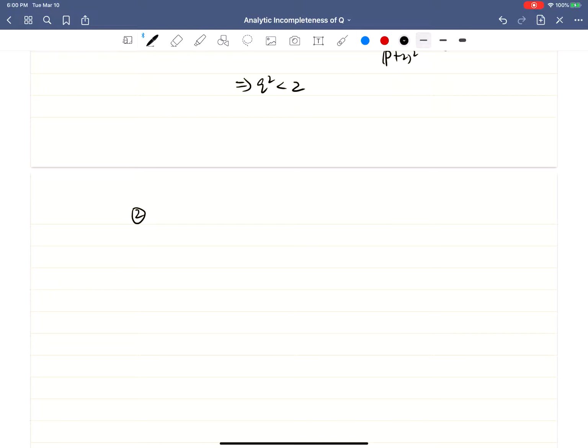The second part claims that the set B has no smallest number. And what does it mean?